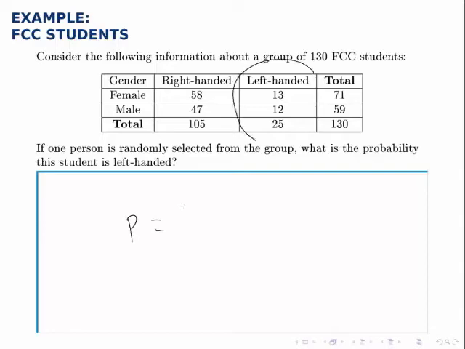If we go to the left-handed column, we notice the total there is 25, which we could have gotten by adding the 13 and the 12. So there are 25 ways to select a left-handed student, and there are 130 total students all in all. So the probability of selecting a left-handed student is 25 divided by 130. And if we write that as a decimal, it comes out to about 0.192.